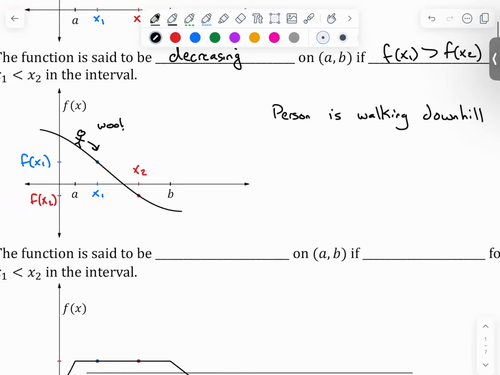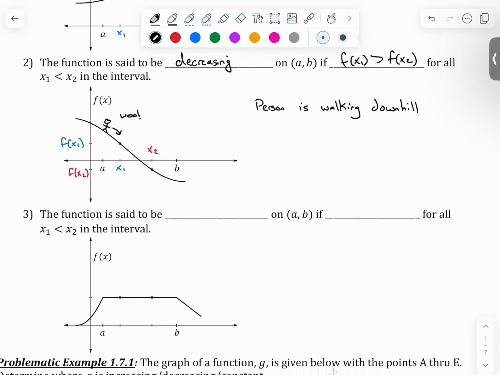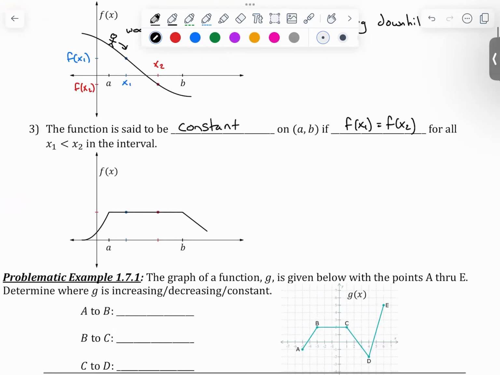And the last little subpart of this definition is that a function is said to be constant on an interval a, b, if f of x sub 1 is equal to f of x sub 2 for all x sub 1 less than x sub 2 in the interval. So, once again, you have your x sub 1 and your x sub 2, and you'll notice that f of x sub 1 is equal to f of x sub 2.